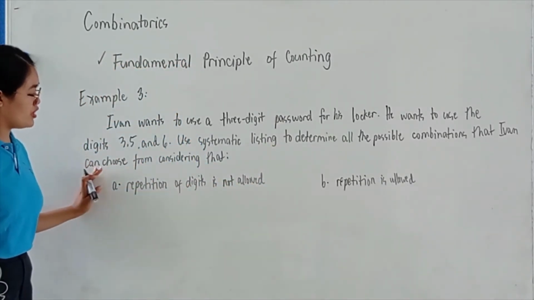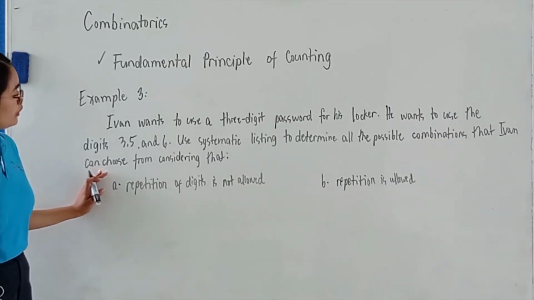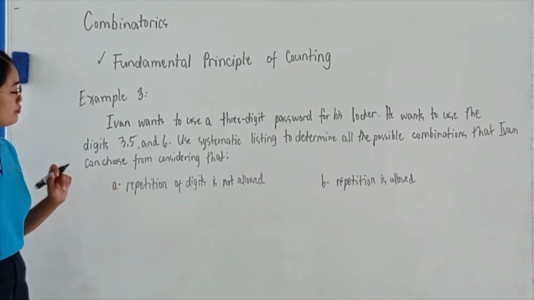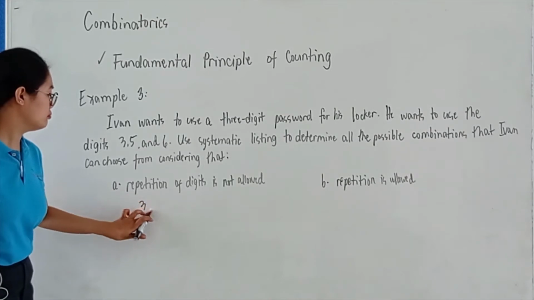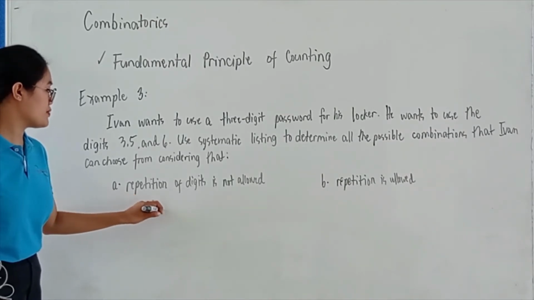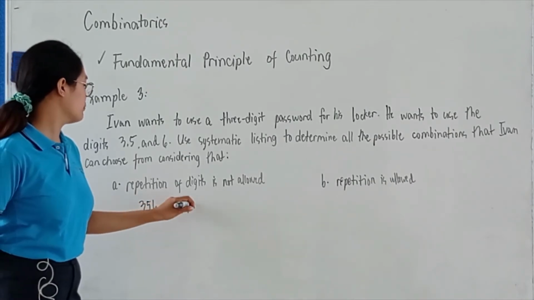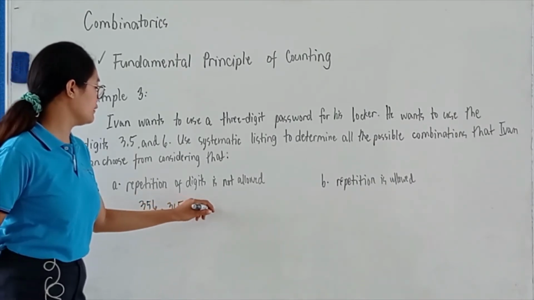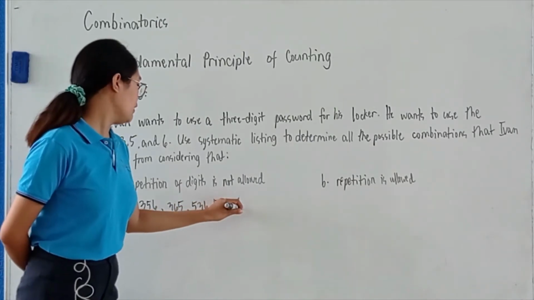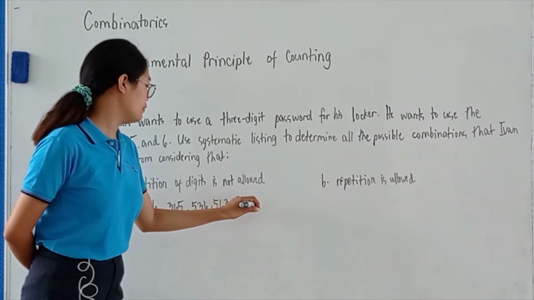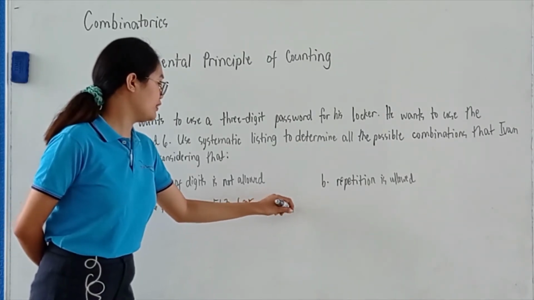For the first condition, the combinations for a 3-digit password would be 3, 5, 6; 3, 6, 5; 5, 3, 6; 5, 6, 3; 6, 3, 5; and 6, 5, 3.